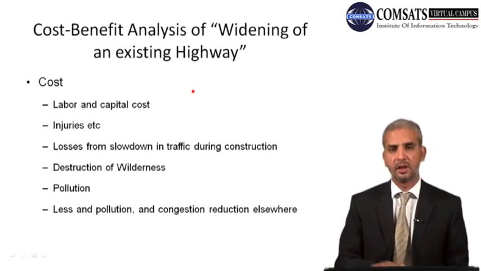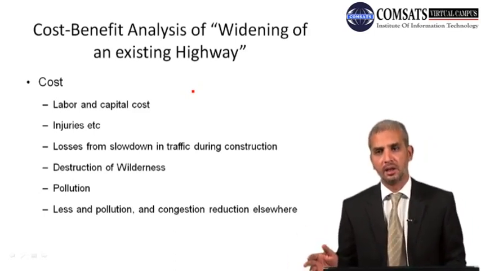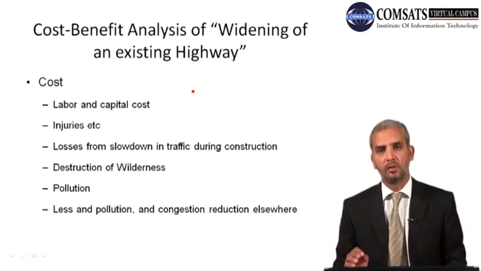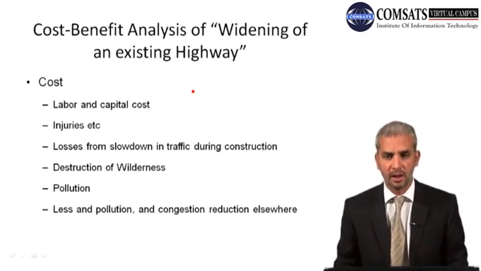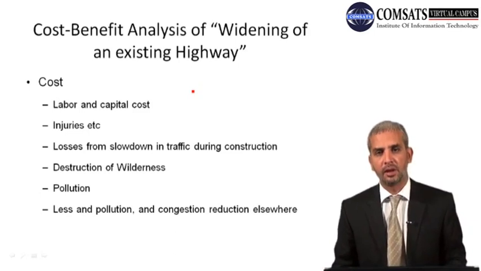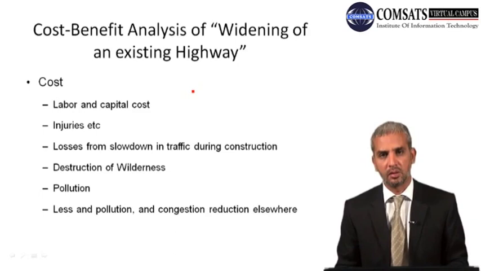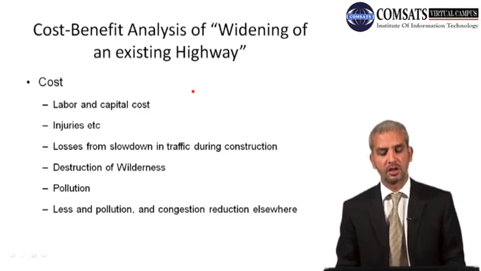They would get the benefit later on when the road is expanded and they can go from point A to point B in free-flowing traffic. So there would be losses from slowdown in traffic during the process of construction.